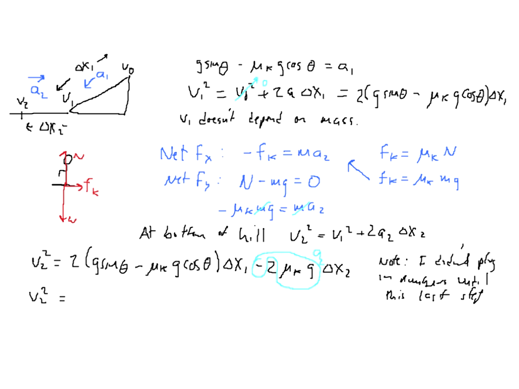Minus 0.1 times 9.8 times the cosine of 25, times delta x1, which is the 400 meters down the hill. That's going to be subtracting off then 2 times 0.1 times 9.8 times, and we want to know after 50 meters.